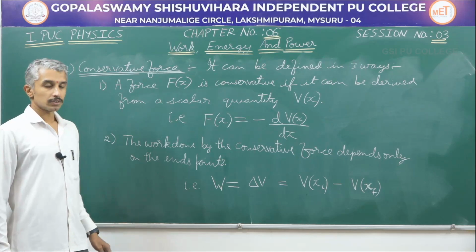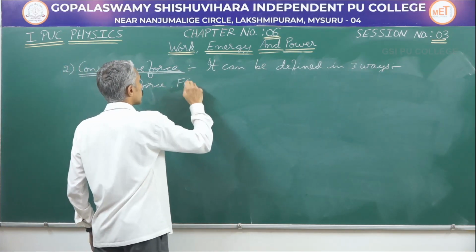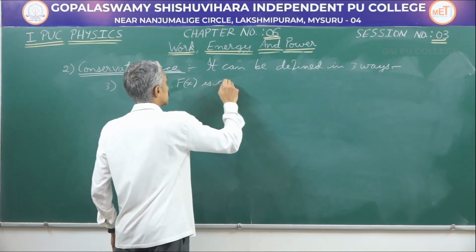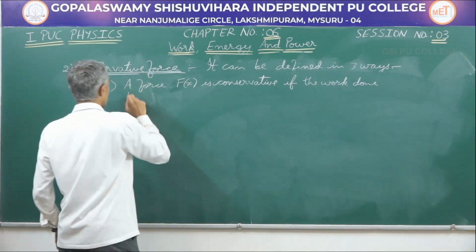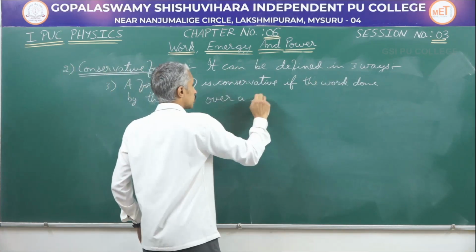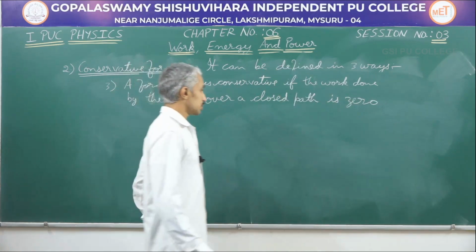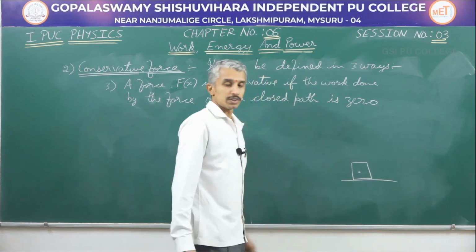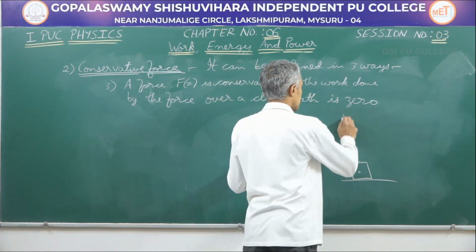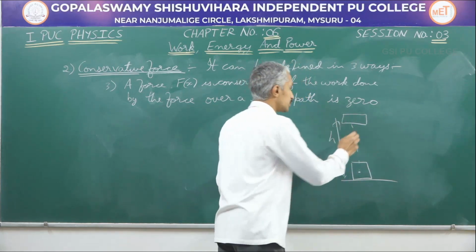The final definition: a force F of x is conservative if the work done by the force over a closed path is 0. So what does this mean? We consider the same object, raise it by a height h, and let the object come back down.